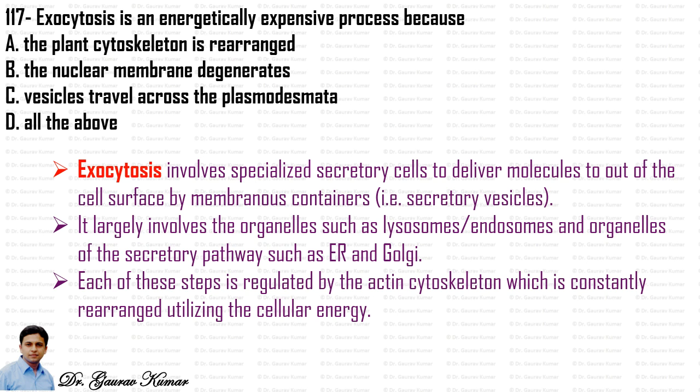And each of these steps is regulated by the actin cytoskeleton, which is constantly rearranged utilizing the cellular energy. So they utilize the cellular energy to rearrange the actin cytoskeleton for exocytosis. So option A, that is exocytosis is an energetically expensive process because the plant cytoskeleton is rearranged, is correct.